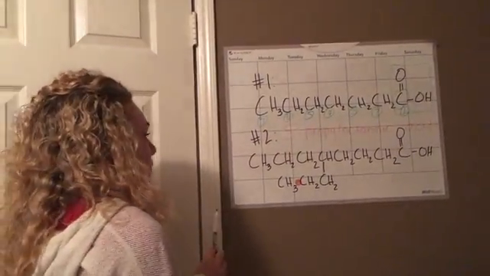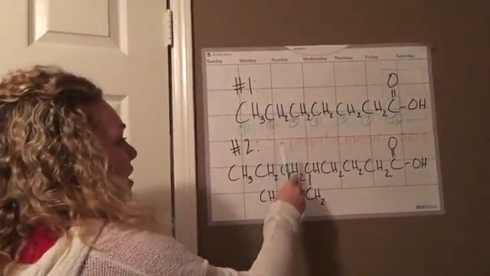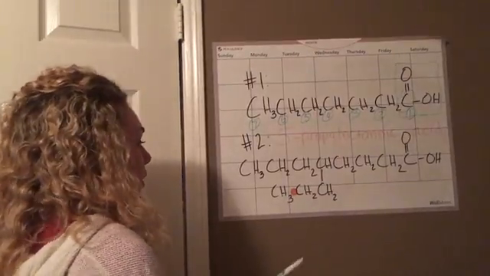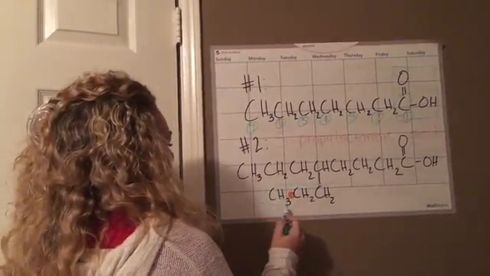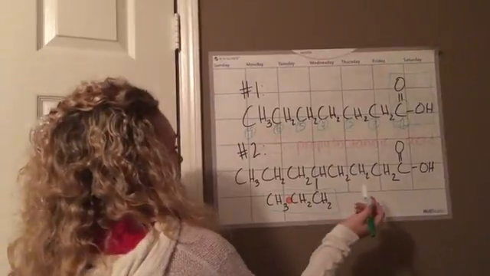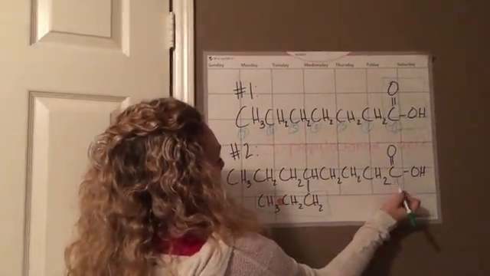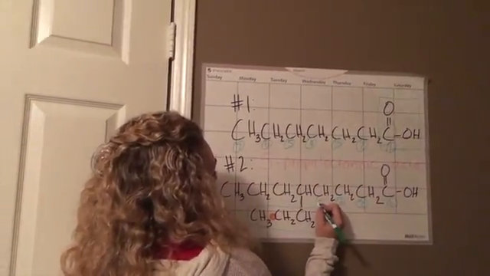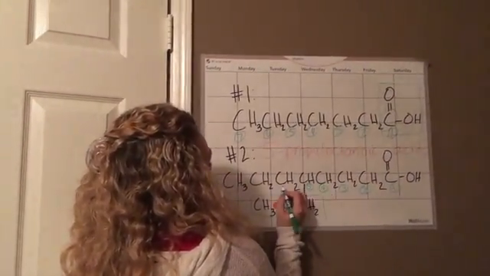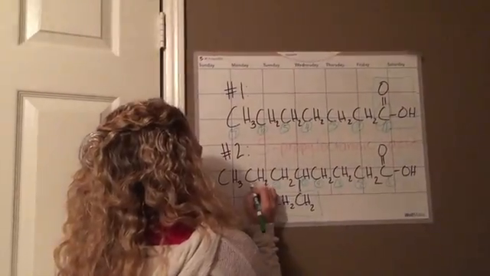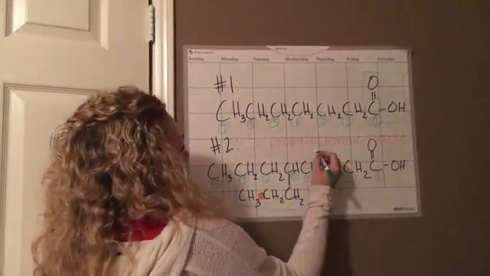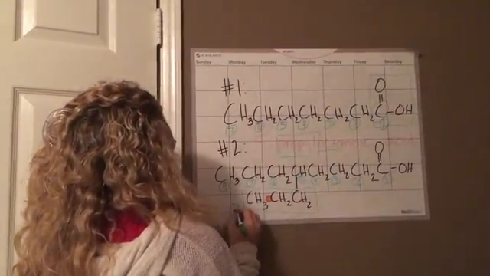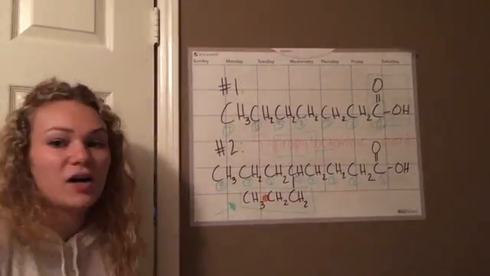And then the answer for number 2 would be 5-propyl octanoic acid, because we have a propyl group right here as a substituent, which is on carbon number 5. Carbon number 1, 2, 3, 4, 5, 6, 7, 8, which is where we get oct, and propyl is this group right here, for 5-propyl octanoic acid.